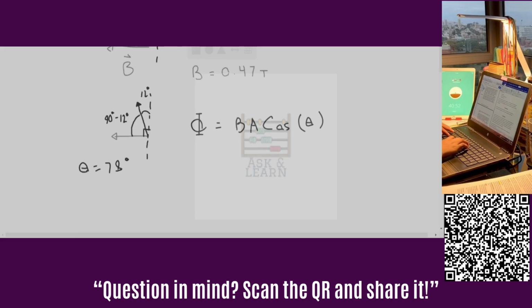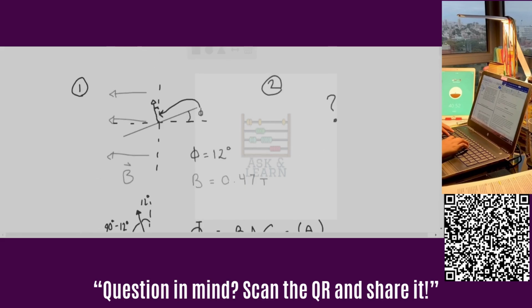Since we know the strength of the magnetic field, the angle to plug in, and the magnetic flux, which I neglected to write down, we know the magnetic flux for both loops is 8.4 times 10 to the minus 3 Webers.